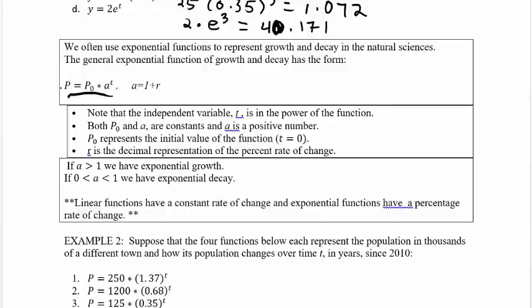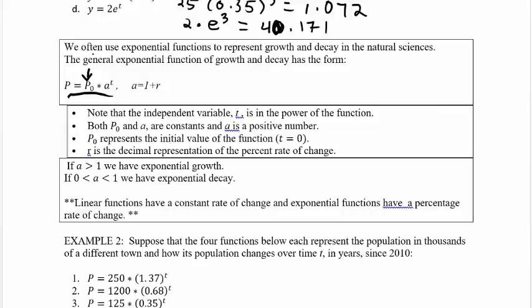And P here is because we're usually talking about a population and how it changes. So P sub 0 or P naught, this first thing that we see here, represents our initial population. This is a constant. This is not the variable here. This represents the amount that we start with that we're modeling over time.